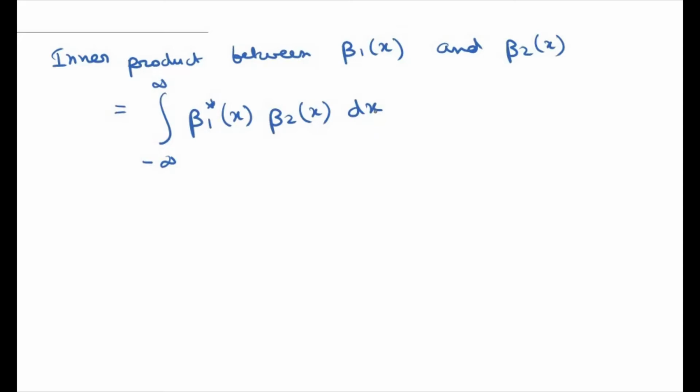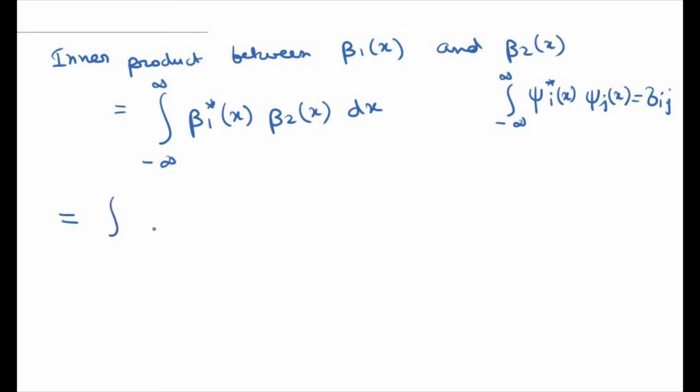Now, because the basis is orthonormal, any integral of the form minus infinity to plus infinity psi i star(x) psi j(x) is equal to 0 for i not equal to j. We can write it as delta ij, which means this integral is 1 if i equals j, and 0 if i is not equal to j.